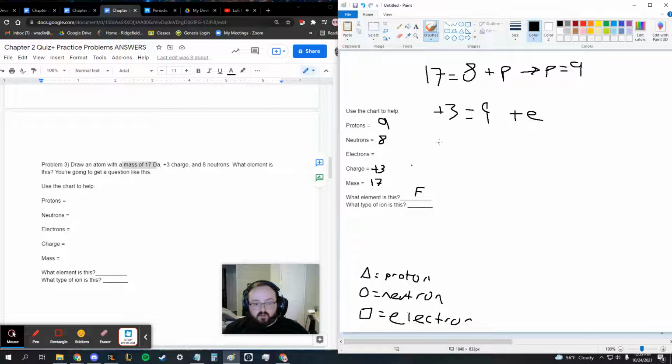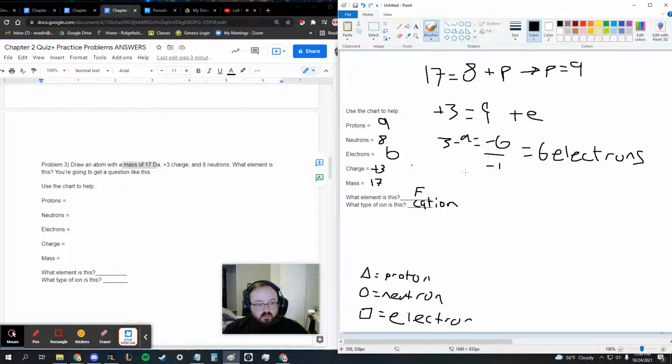So we subtract 3 from 9, which gives us 6 electrons. And because this is a plus, this is a positive ion, this would be a cation. All right, and then we can draw it.